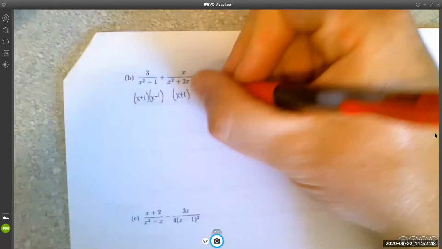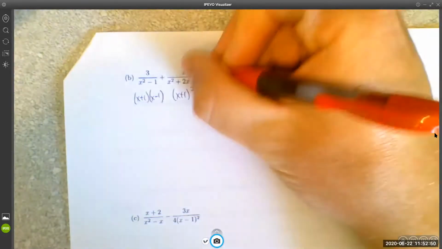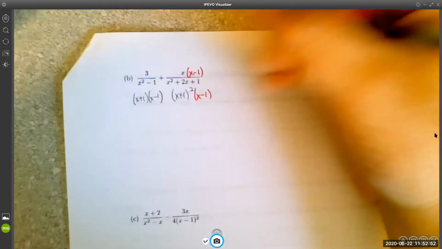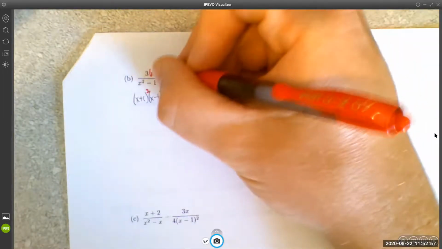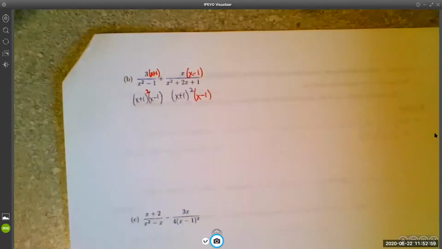So here I think I'm missing an x minus 1. And here I think I'm missing an x plus 1 squared. So I need another x plus 1.